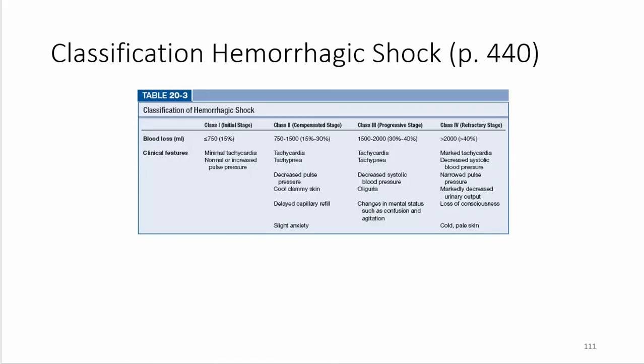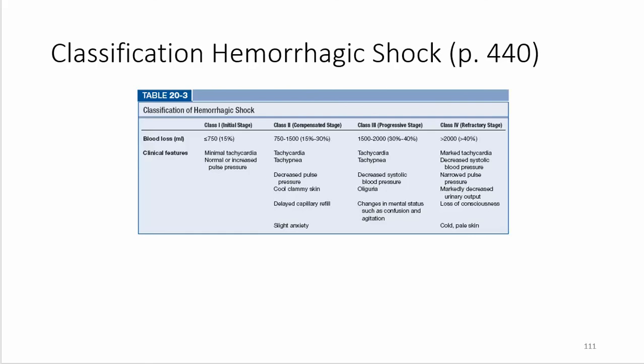So these are the tables and how we classify it. At first it's a class 1, and you get some tachycardia, and it's the compensatory. You get an increased pulse pressure.